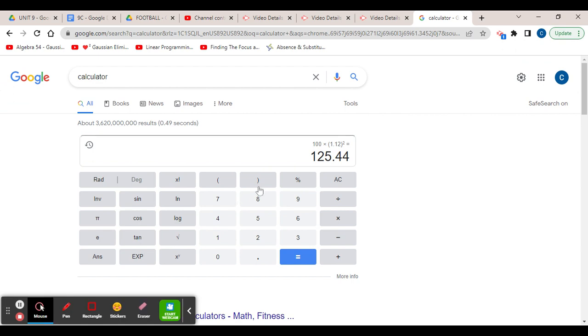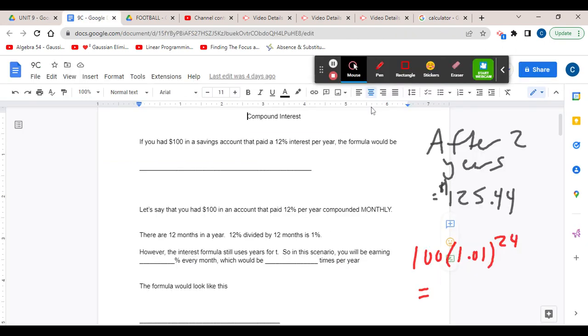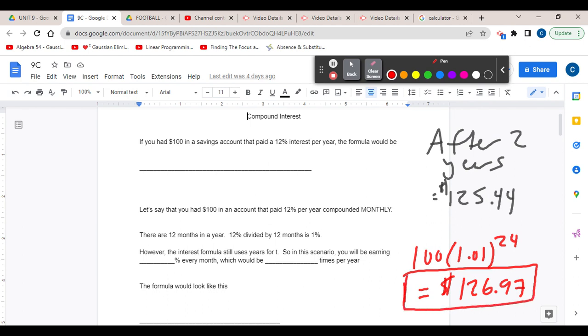Let's try that. 100 times 1.01 to the 24th power, we have 126.97. So what happens is, since it's compounded monthly as opposed to compounded yearly, it's still 12% per year, but I'm splitting that 12% up into 1% each month.